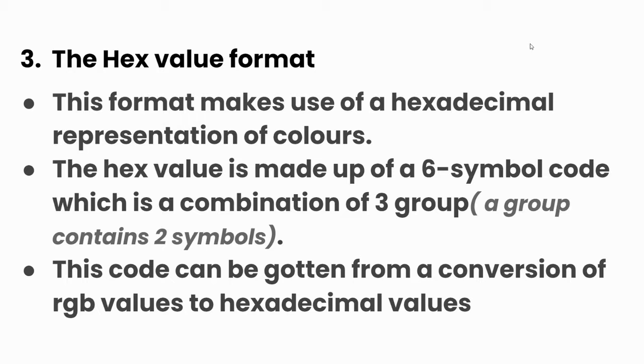I don't know if you guys would get the hex value format, because it needs some kind of division, and then decimal values are 0 to 9. So from 10 you have the symbol A, 11 is B, 12 is C, 13 is D. For those that know maths, this shouldn't be difficult for you. But if you don't, no problem. I would show how to do that.